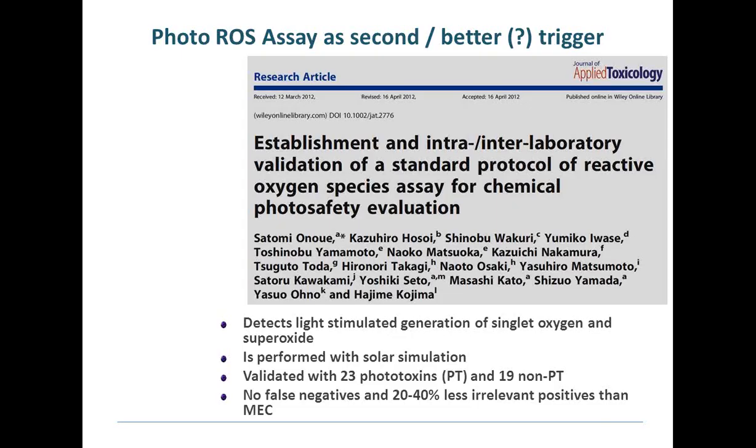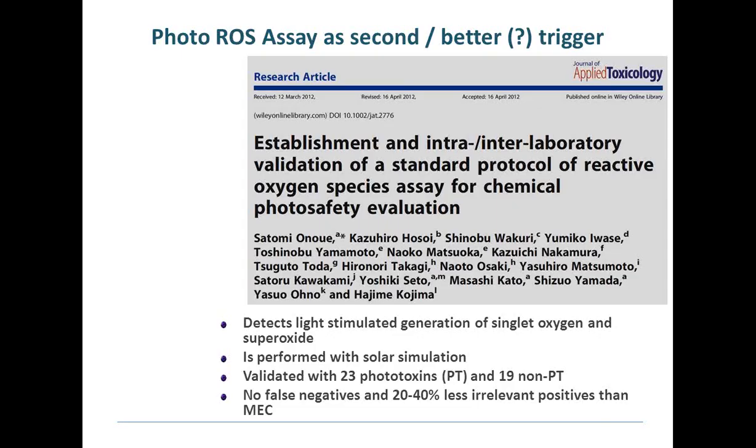The number of irrelevant positives, I would call it, that means positives that have a potential but don't turn out in vivo, was 20 to 40% less than if we look only at the molar extinction coefficient.